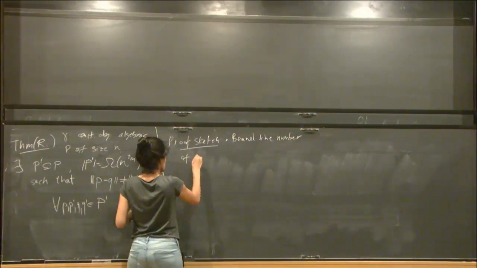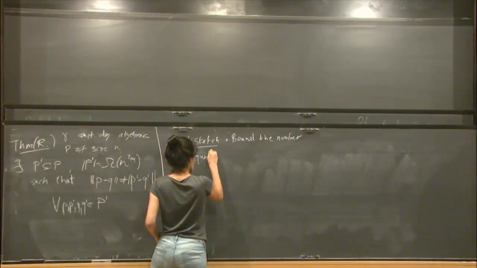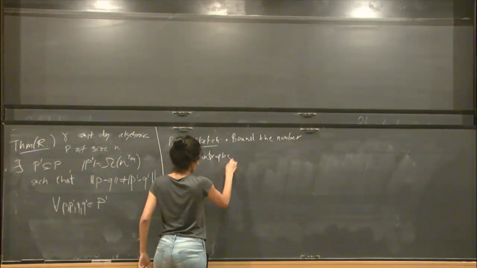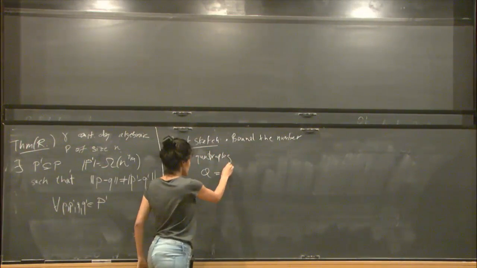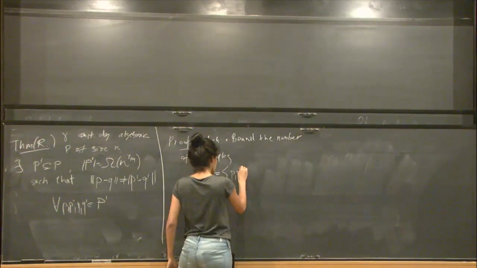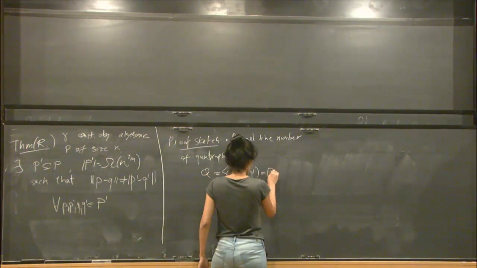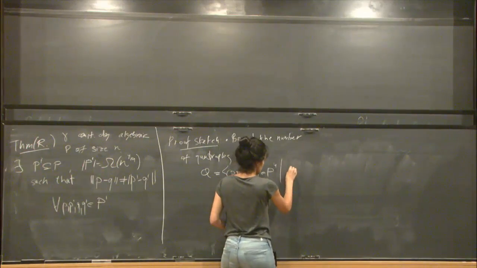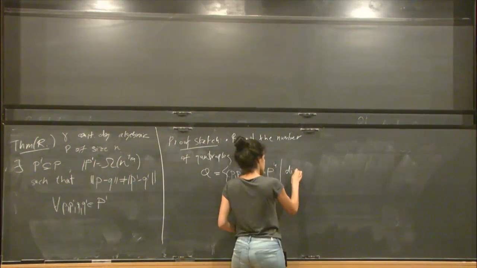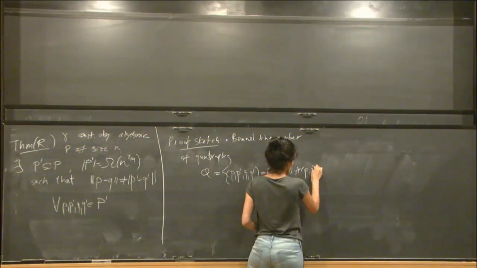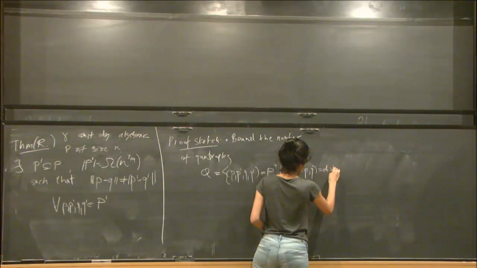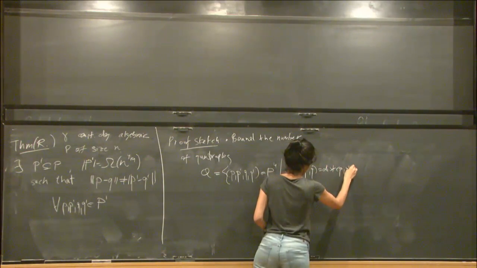Let's denote these quadruples as Q. So all the quadruples p, p prime, q, and q prime in P to the 4, such that the distance between p and q is the same as the distance between p prime and q prime.